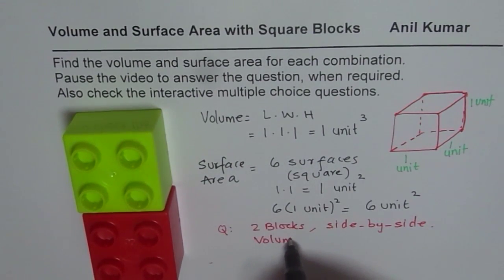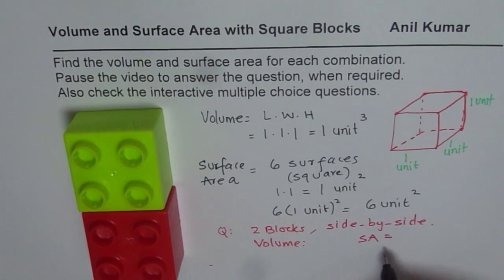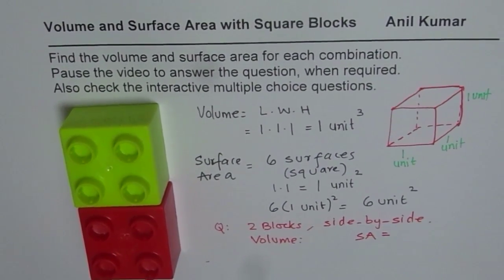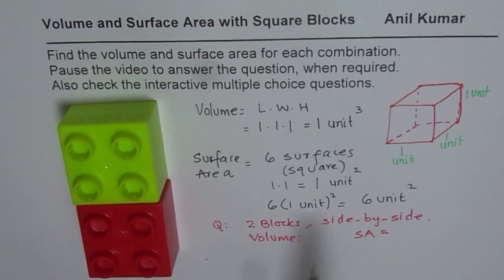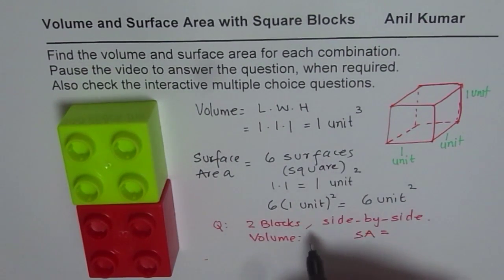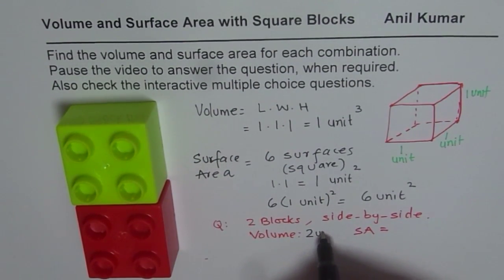What is its volume and what is its surface area? So sometimes I'll write surface area as SA, correct? So surface area. Can you tell me? Volume of 1 block is how much? 1 unit cube. So the volume of 2 is going to be 2 unit cube, not square. Okay, volume is always cubic, so it is 2 unit cube, correct?